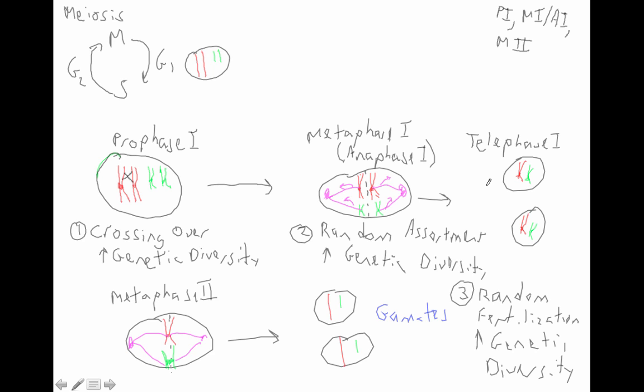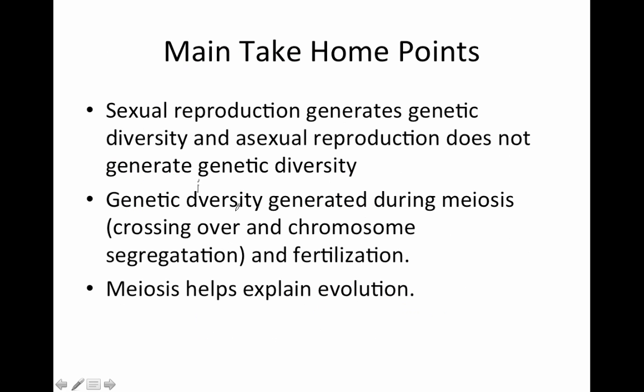I want to close with three take-home messages from this chapter. So here are the three take-home points from this chapter. These are the big picture points of the chapter. The first is that sexual reproduction generates genetic diversity, whereas asexual reproduction does not generate genetic diversity.